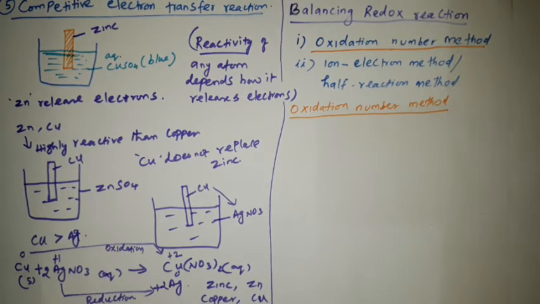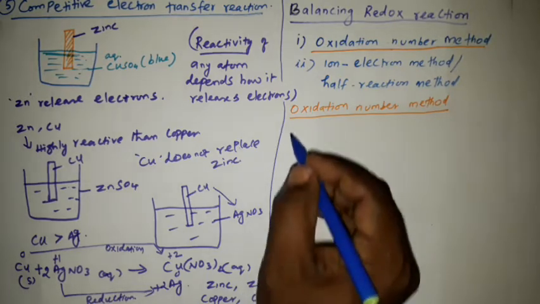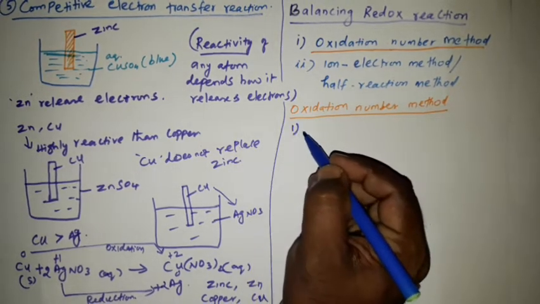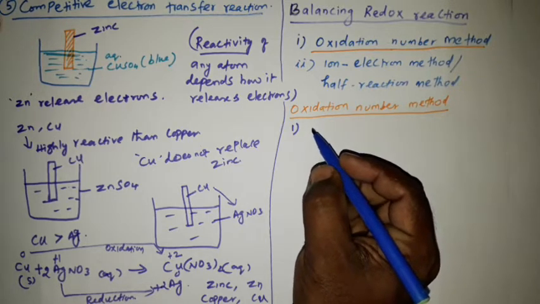Take your notebook and copy the steps. But don't write these steps in the examinations. For your practice, I am writing all the steps. During the balancing, follow the steps. First write the equation as it is. Don't balance anything.